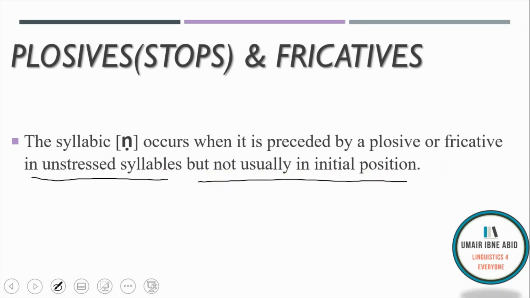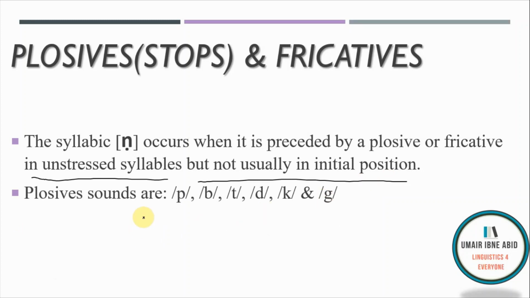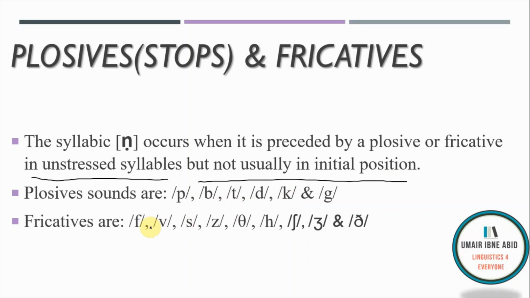Mostly it will occur at the end of the word, or sometimes, if a syllable is very long, maybe in the middle as well, but not in the beginning. These are all the plosives p, b, t, d, k, and g, and these are all the fricatives f, v, s, z, sh, and zh.